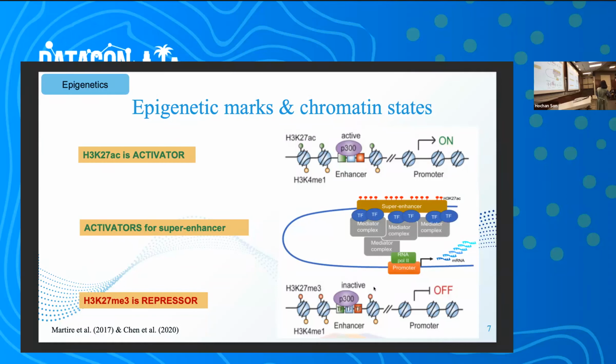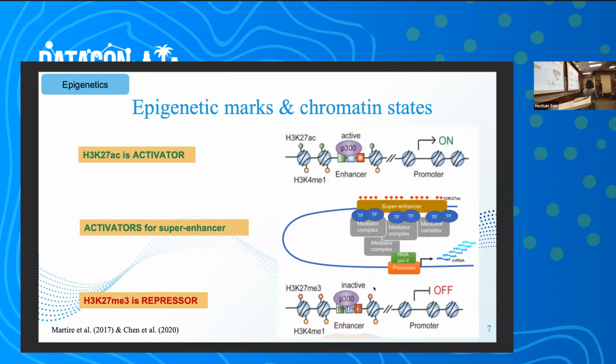So you see the orange. If there are multiple activators, it signifies the region of the super enhancer. When the super enhancer occurs, it turns on the genes even much more than the normal level. That's how, for example, in cancer, there is an abnormal level of gene expression.